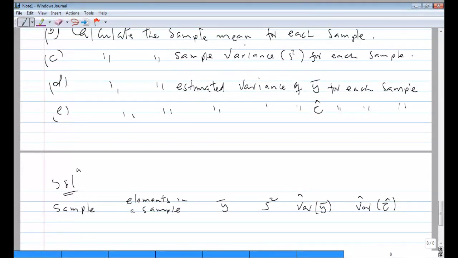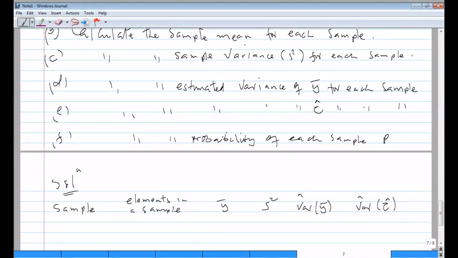Later, maybe you can find number F, the probability of each sample, in other words P of S.